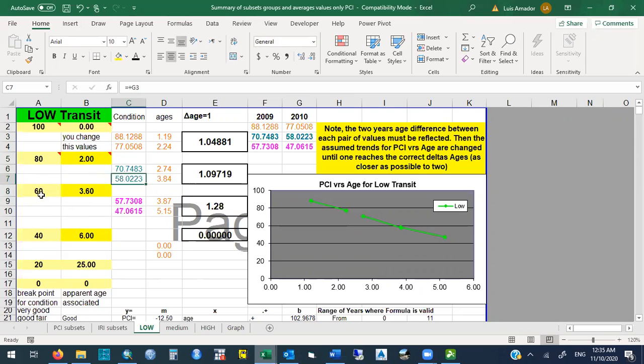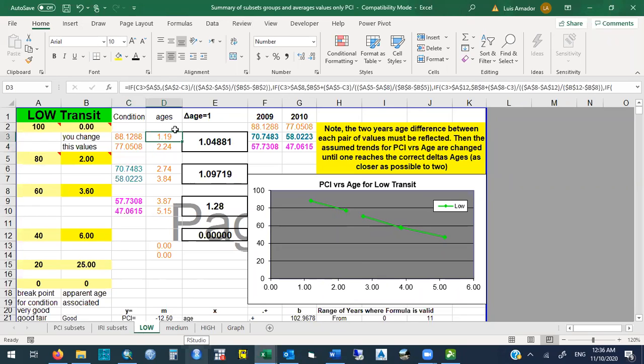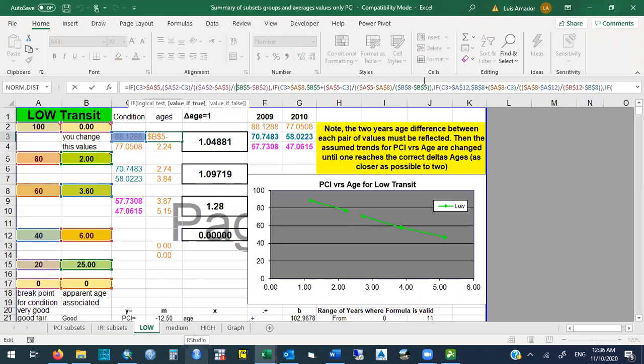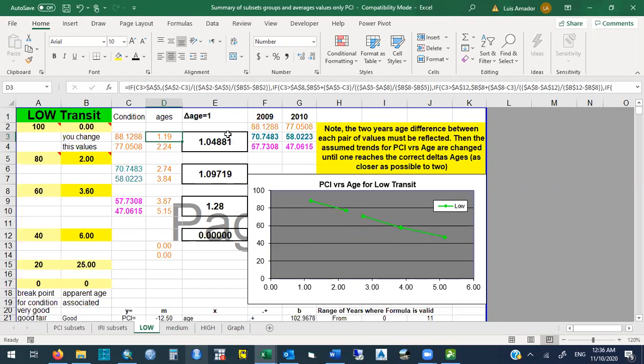You see the 58 is below the 60, and the 77 is below the 80. In this case, the 47 is not. But this is the reason why you have all these other ones in the equation. Because of those dependencies.